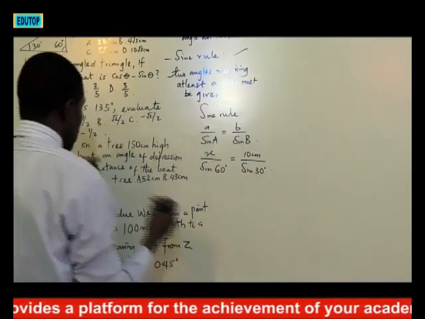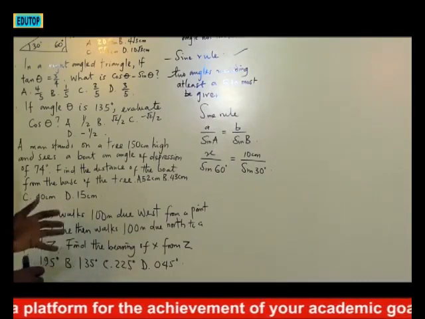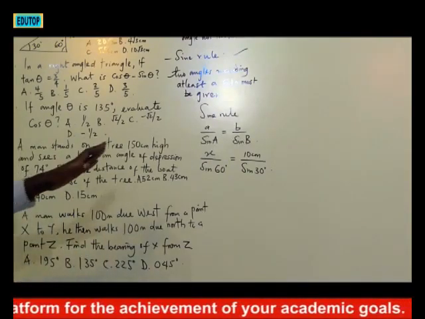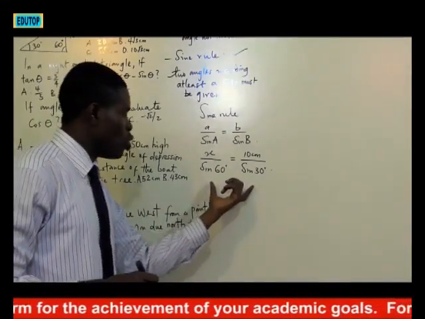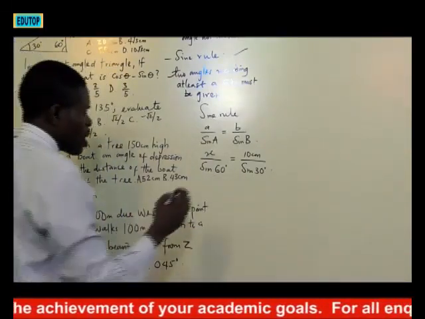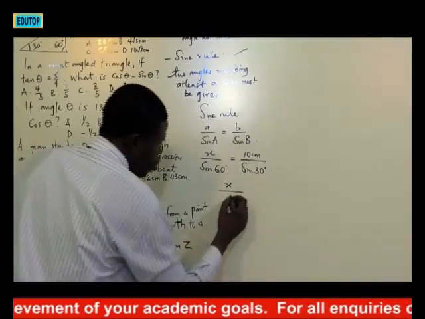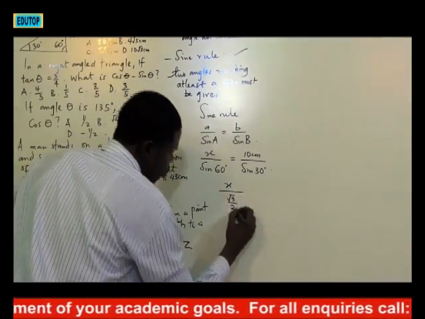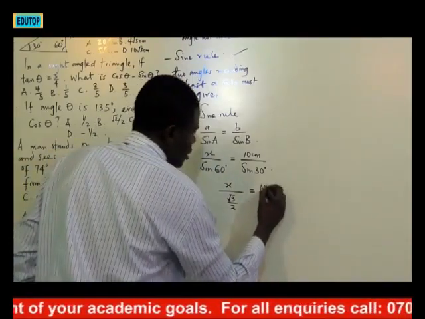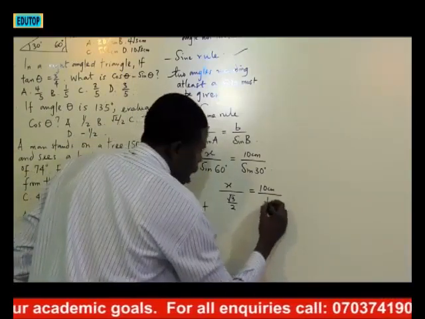Now if we look at our options, we discover that they are left in short form. That means we have no other choice rather than to use special angles. By virtue of special angles, sine 60 degrees is root 3 over 2, which equals 10 centimeter, and sine 30 equals 1 over 2.